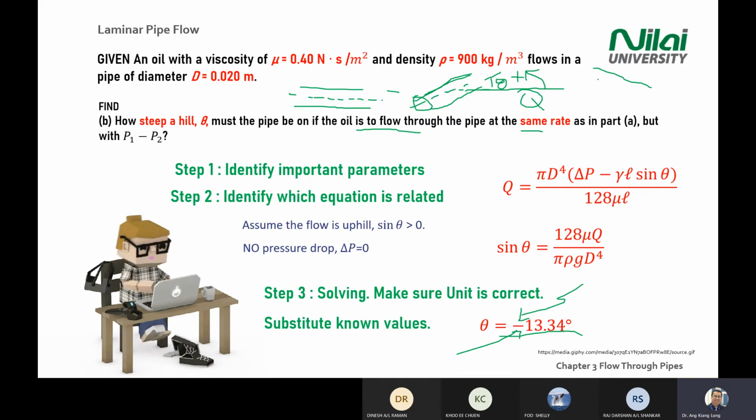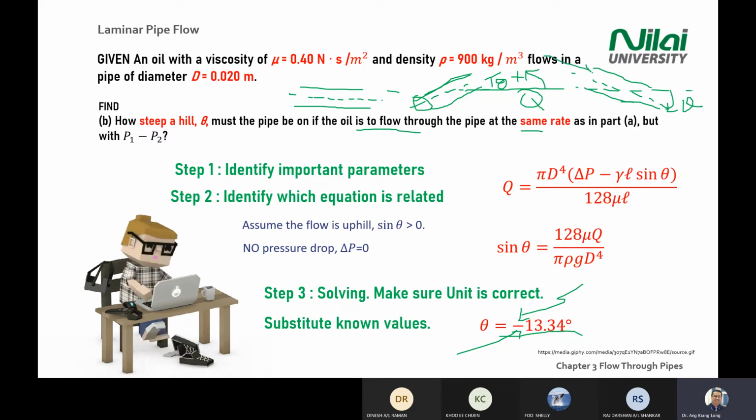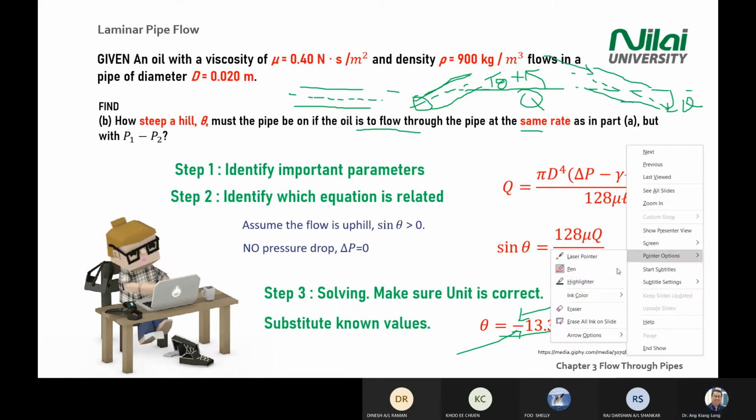Your pipe should rotate this way. The angle is going this way, that's why you get a negative sign there. Your flow is flowing from the top to the bottom.